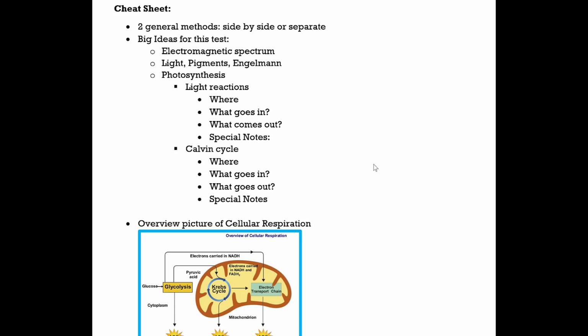You could have one set of notes that is just photosynthesis and then a completely separate set of information on cellular respiration, or you could put them side by side on one piece of paper so that you can quickly determine the differences between the two, which one is photosynthesis, which one is not photosynthesis.